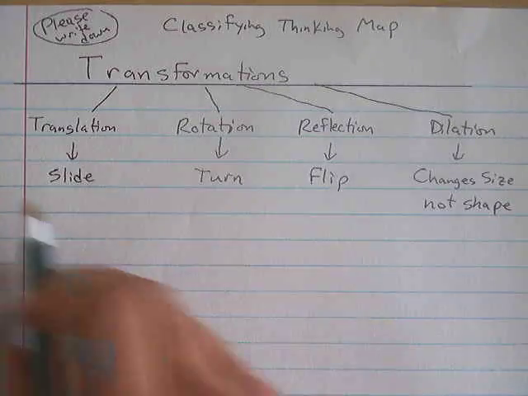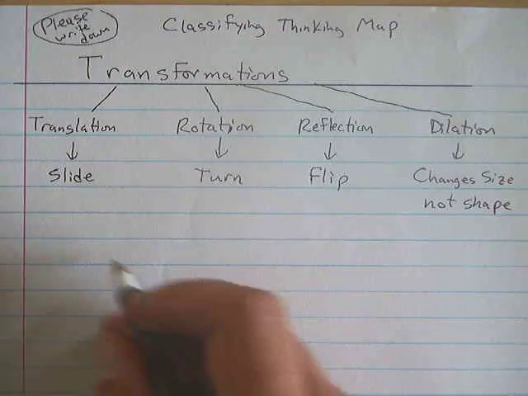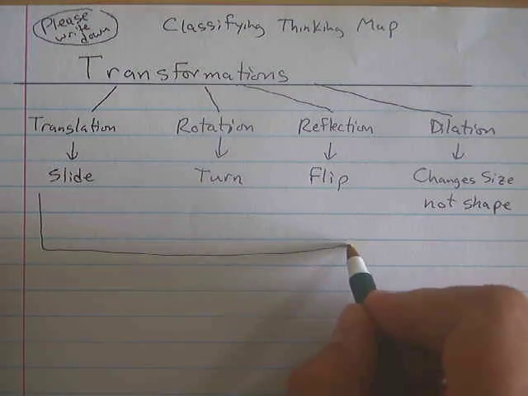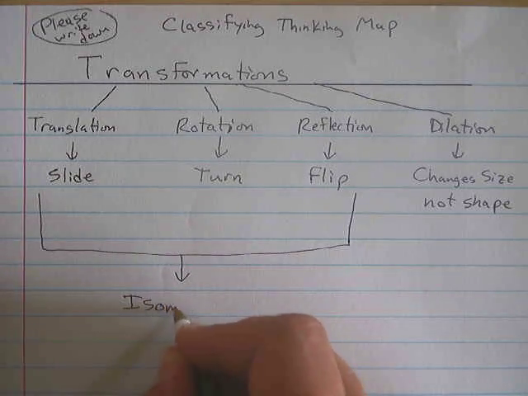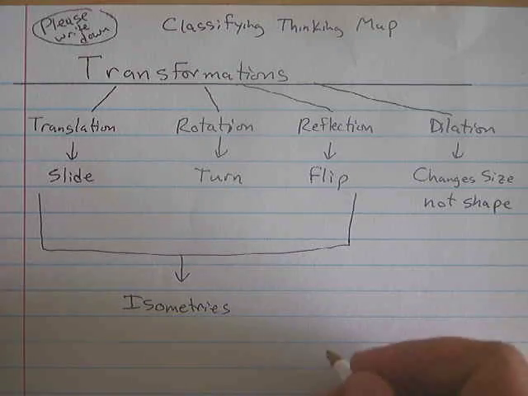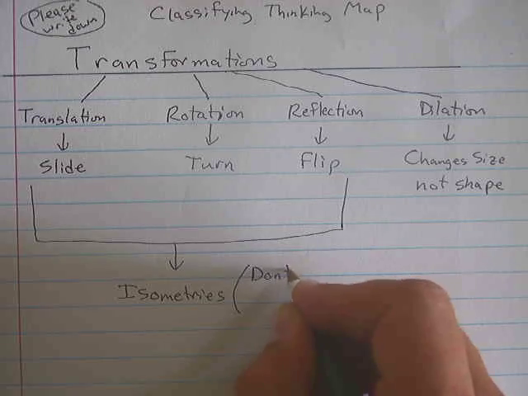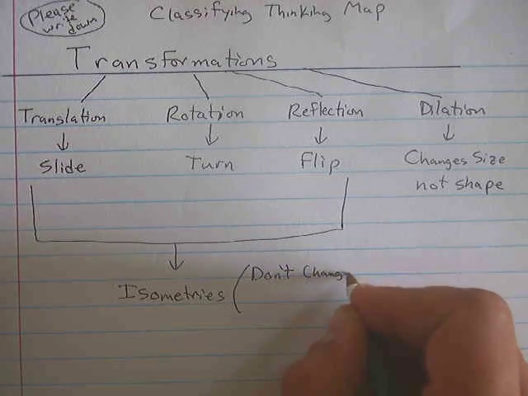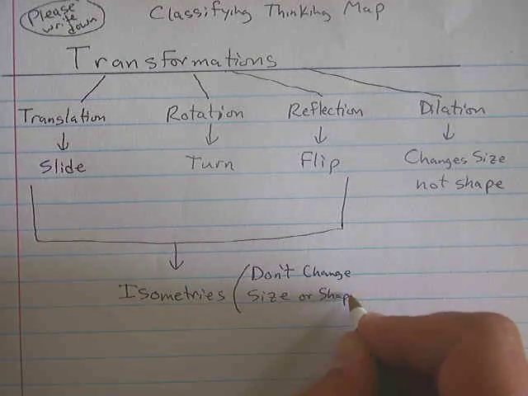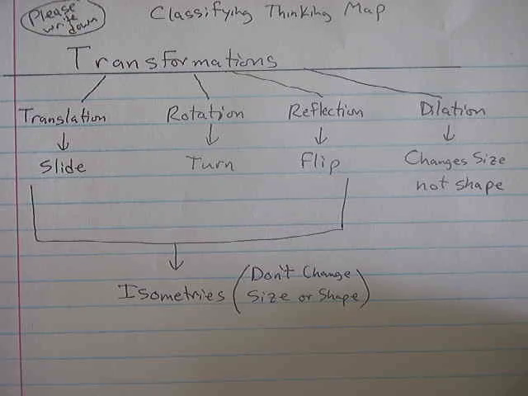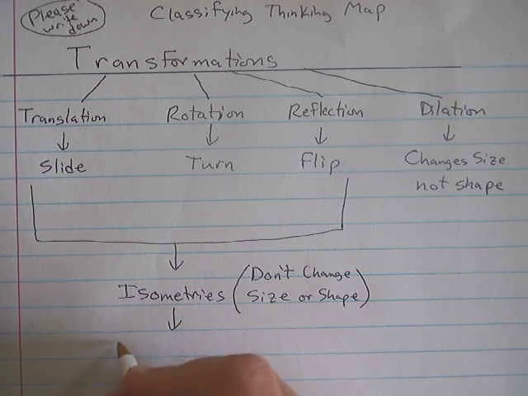If you're thinking about these, there are four of them, but three of them have special properties. These three are all what are called isometries, which means they don't change size or shape. And then also, we'll get a little more advanced.